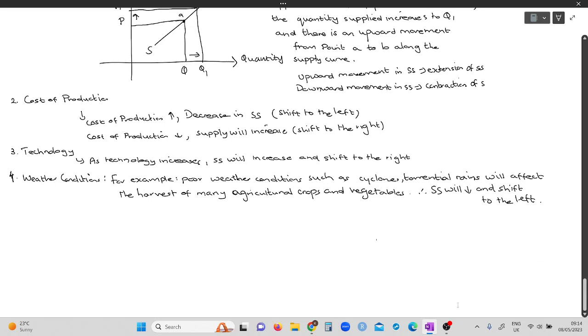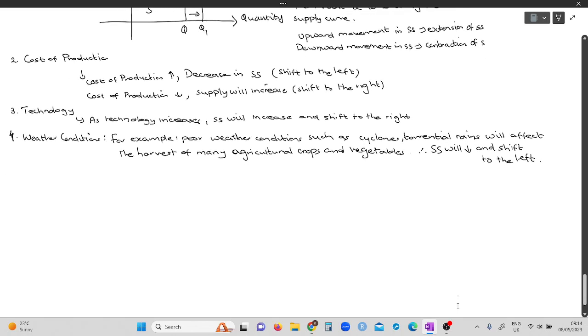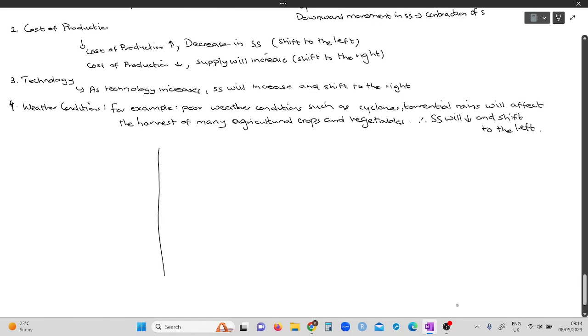Next, you can show the shift in the supply curve as shown below. Just like demand, the supply curve can either shift to the right or to the left. So this is the quantity, this is the price.